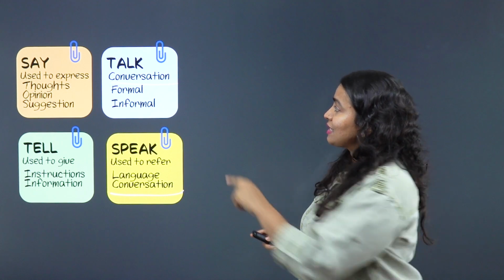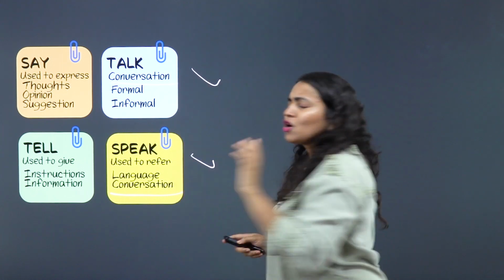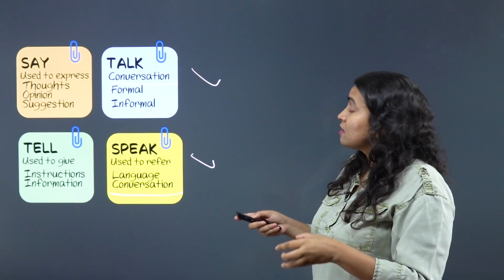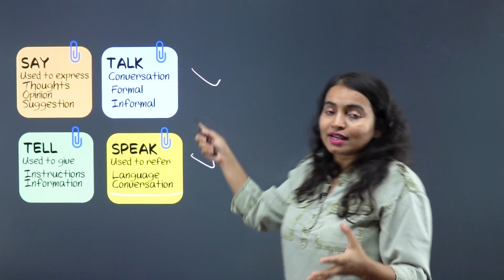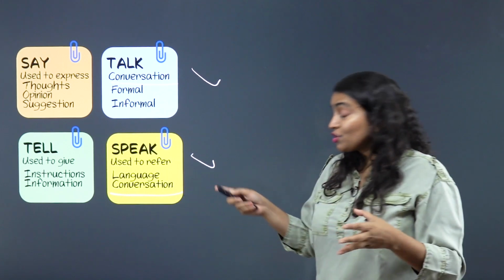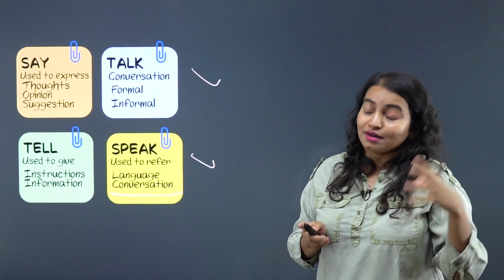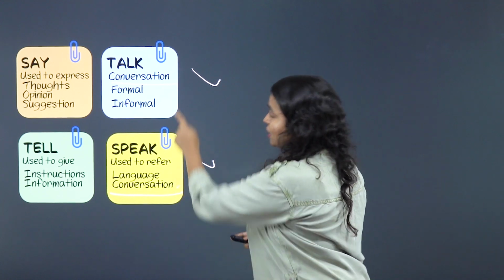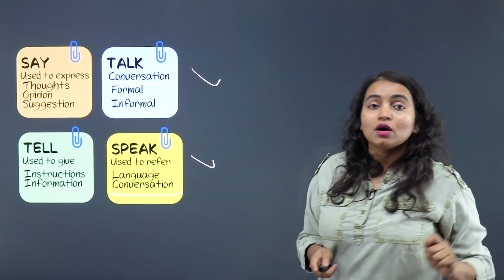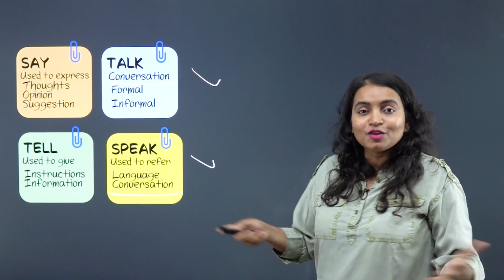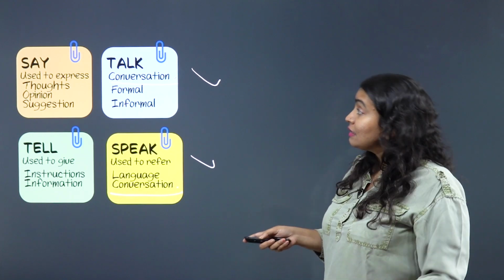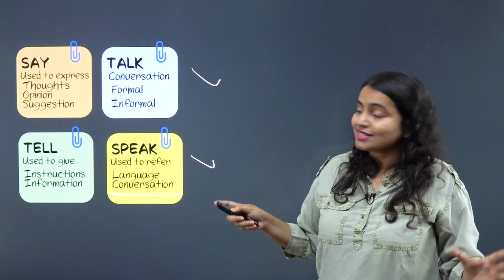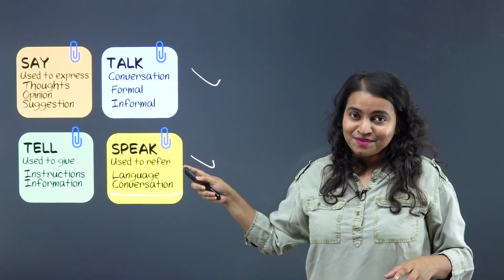Now you could use both of these quite interchangeably. So you could say something like, the doctors are talking about a patient, or the doctors are speaking about a patient. Why? Because we are referring to a conversation that we are having with people, which could be formal or informal. But in the case of say or tell, well, they're quite different, and the difference is very clear, right?